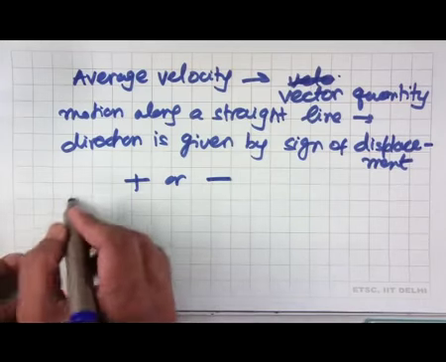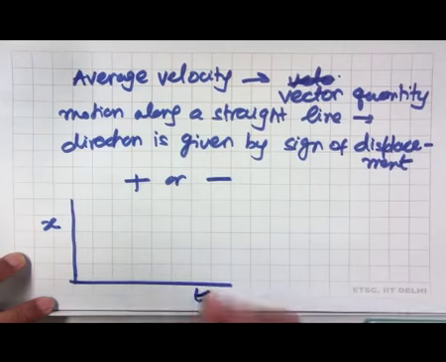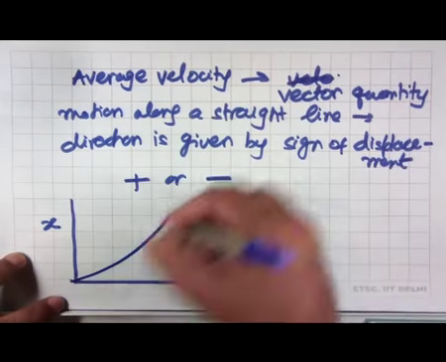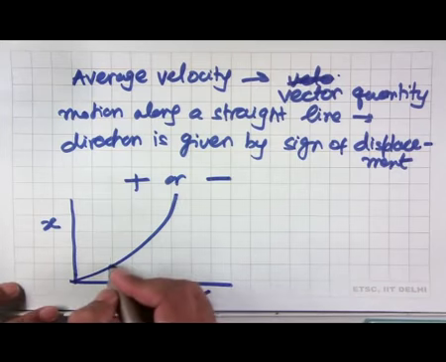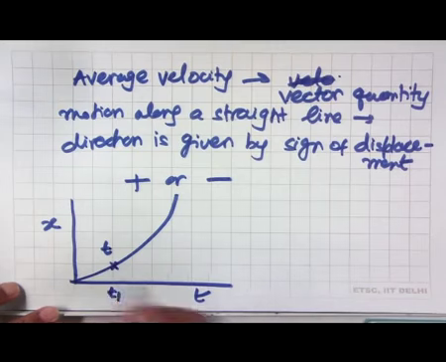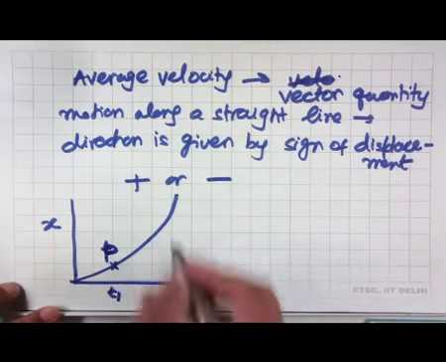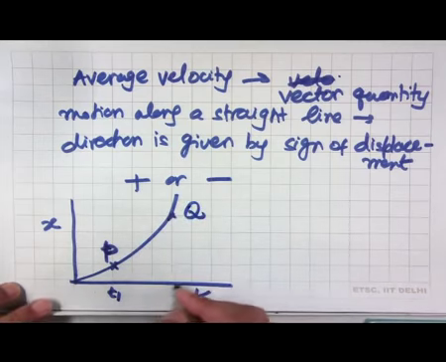Now let us see in a graphical sense, if we have the xt curve and this xt curve is given like this. Now let us say this is the time interval, t1, and the particle is at point P, and the particle is at point Q at t2.